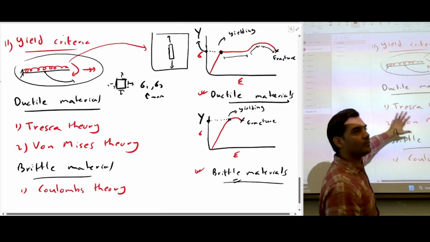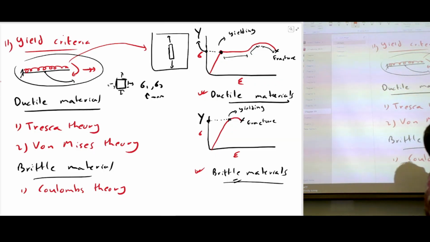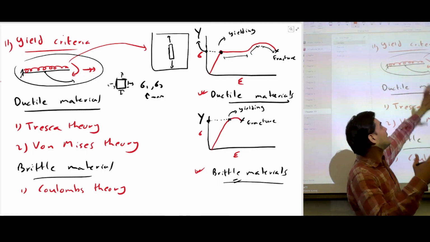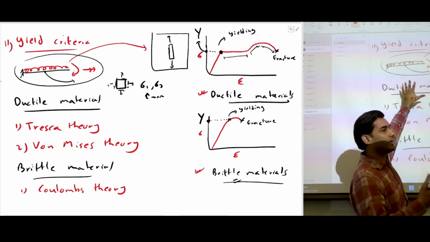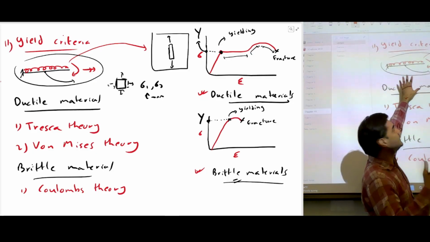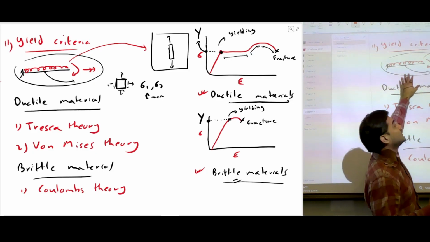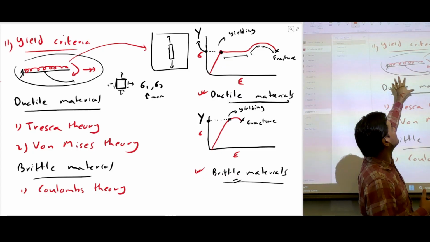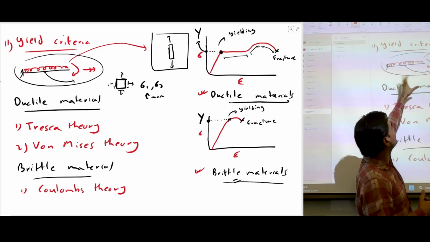So you understand why we are doing this, right? Because for a uniaxial loading condition, we know when yielding will happen. But if you have a combined loading case, a different loading scenario, we want to figure out when failure or yielding will happen, because that's the real world situation where you have a beam or column or some other structure system with a loading condition.